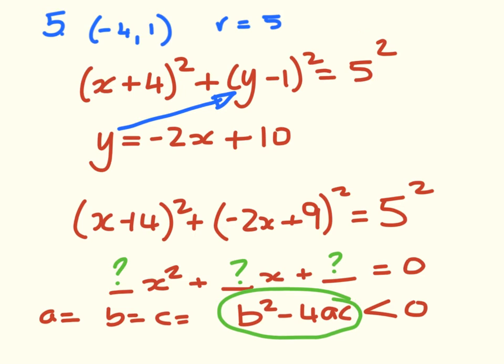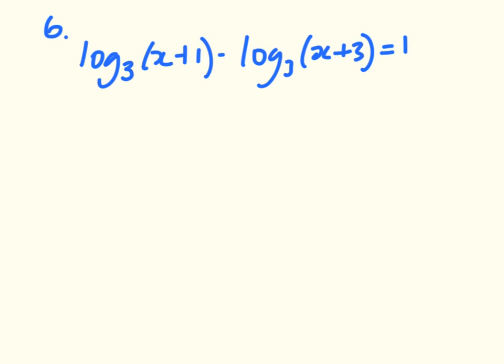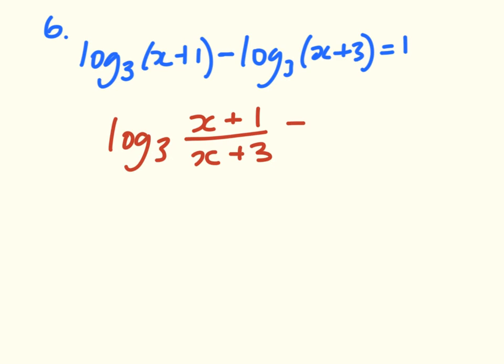Question 6, a log equation. Well, one of the laws of logs says that when we're doing a takeaway, we can rewrite that as a quotient, as a divide sum. So that gives us log to the base 3 of (x plus 1) over (x plus 3) equals 1. Now this 1 here, it would be nice if that was in terms of logs, and then we could get rid of the logs from each side.